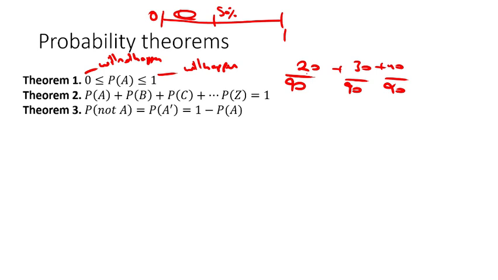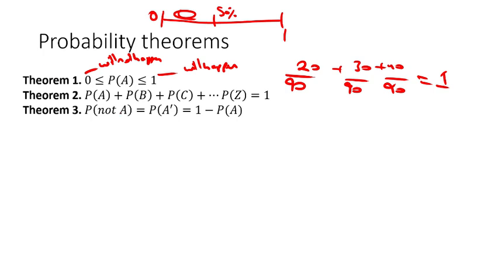From company A, the probability is 2 by 9. From company B, it is 3 by 9. And from company C, it is 4 by 9. If you add them up, it will be 1. So that is what it says: the probability of all separate events of the same problem sums to 1.